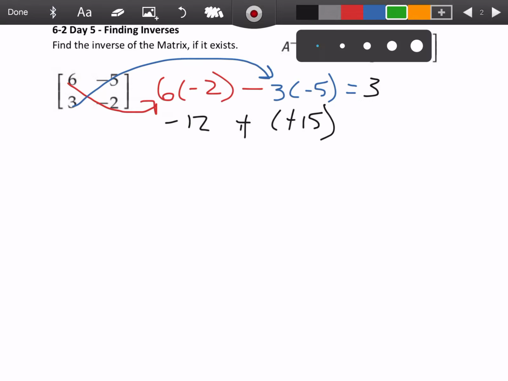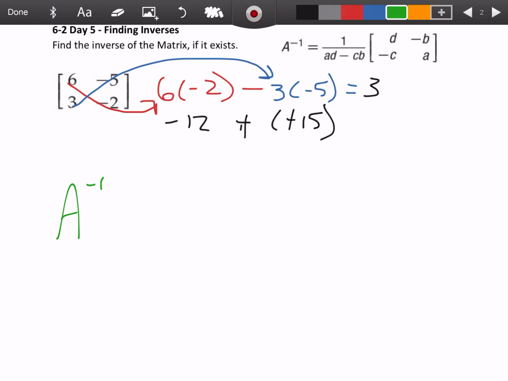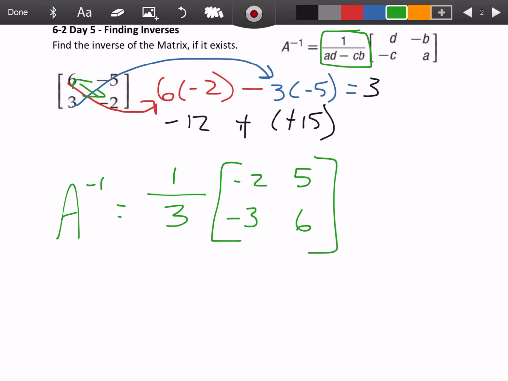So coming down here, we would find our inverse matrix of 1 over 3. That's where this comes from. We have 1 over our determinant. And then we have D up here, so this would be negative 2. So remember these two switch places. So that'd be negative 2, and this would be 6. And then this would be a negative 3, and this would be a positive 5.